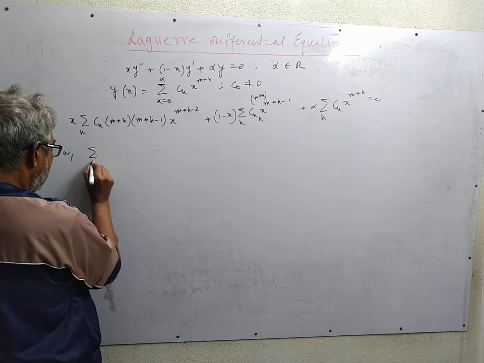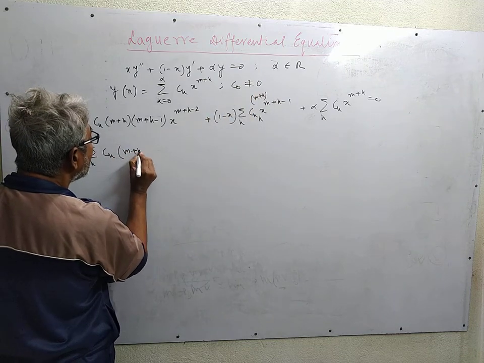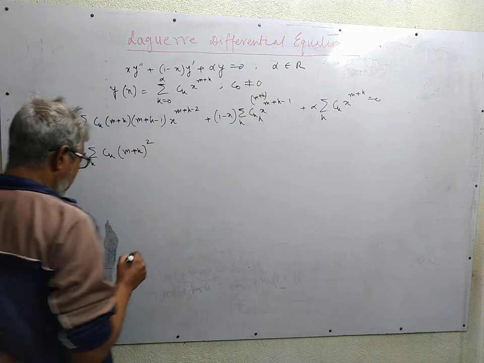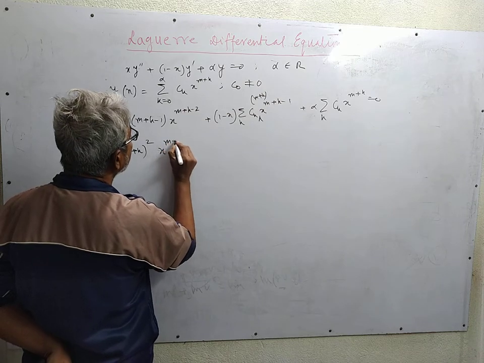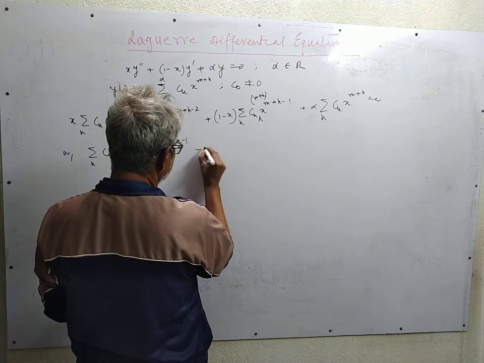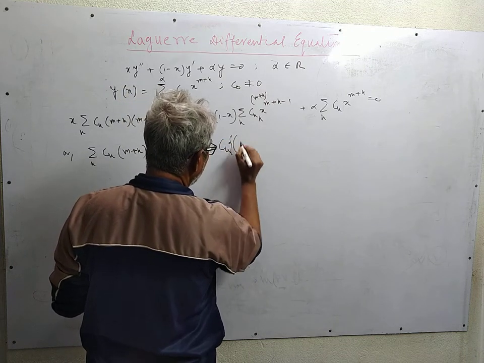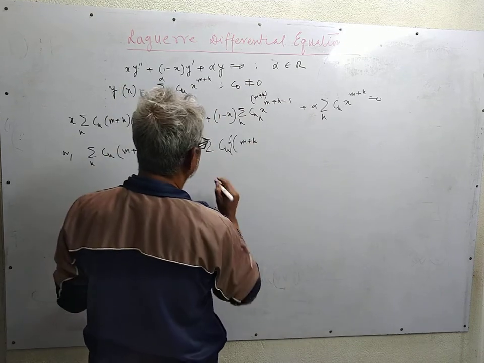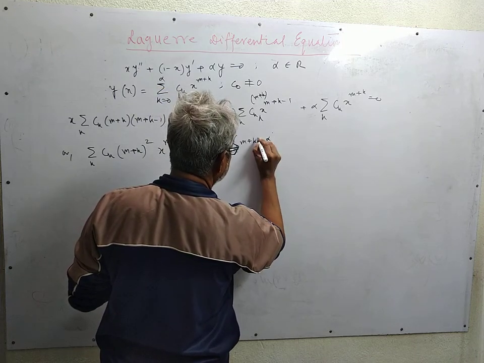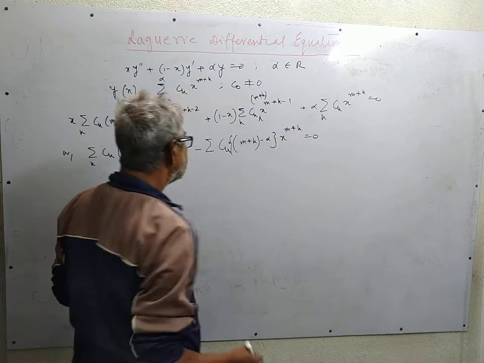And we write summation over k c k. Here m plus k is common, in which case we have m plus k minus 1 and plus 1, so this makes it m plus k square x to the power m plus k minus 1, and this term minus c k, m plus k from here, and minus alpha x to the power m plus k is equal to 0.